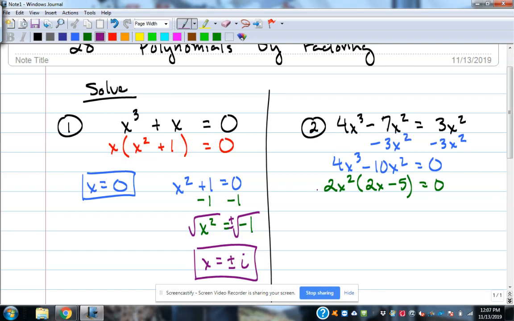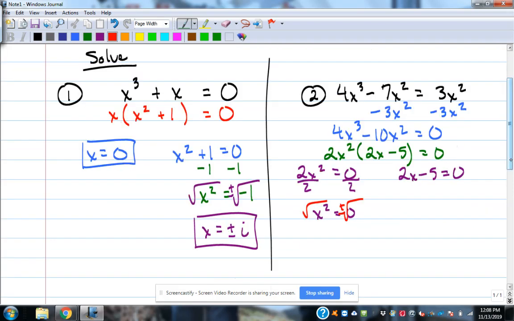So we set each factor equal to 0. And then divide by 2. x squared equals 0. Take the square root. Technically, it's plus and minus in front, but there's no such thing as plus or minus 0.